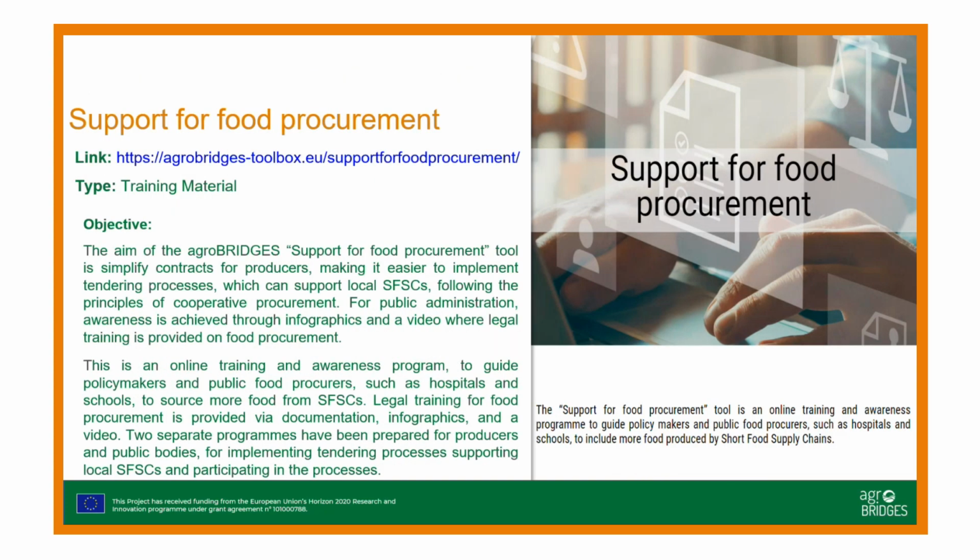This tool is an online training and awareness program to guide policymakers and public food procurers. There are two separate programs for producers and public organizations to implement the tendering process and participate in it.